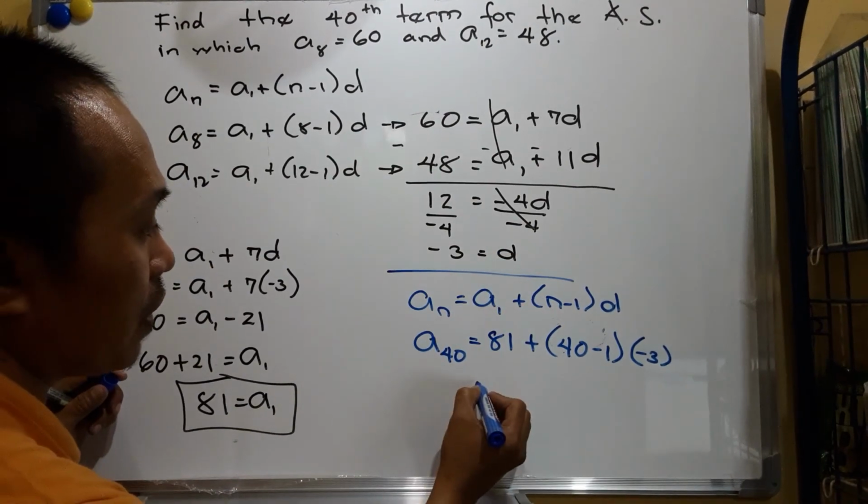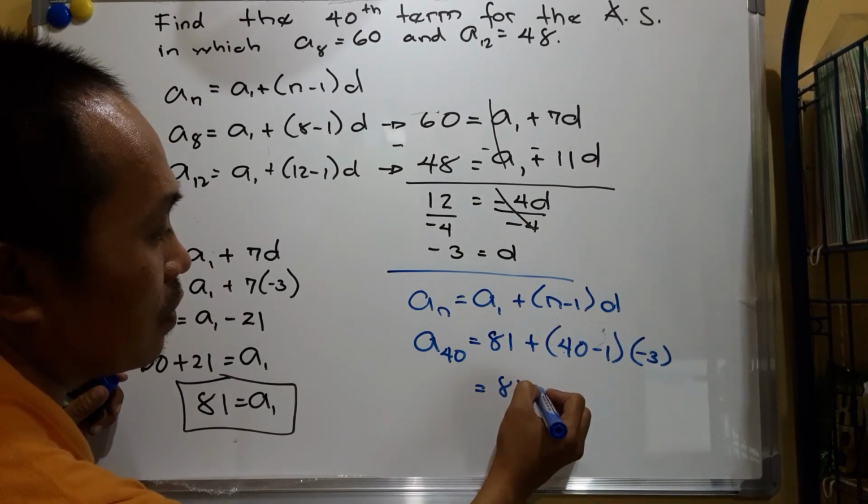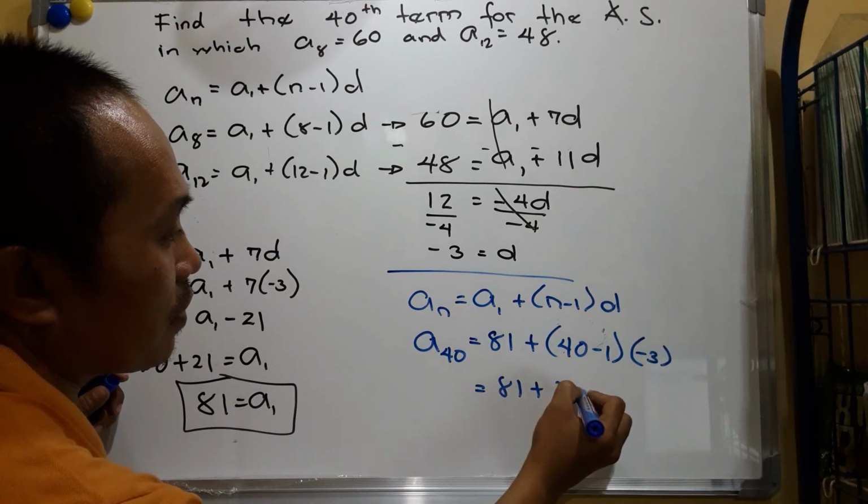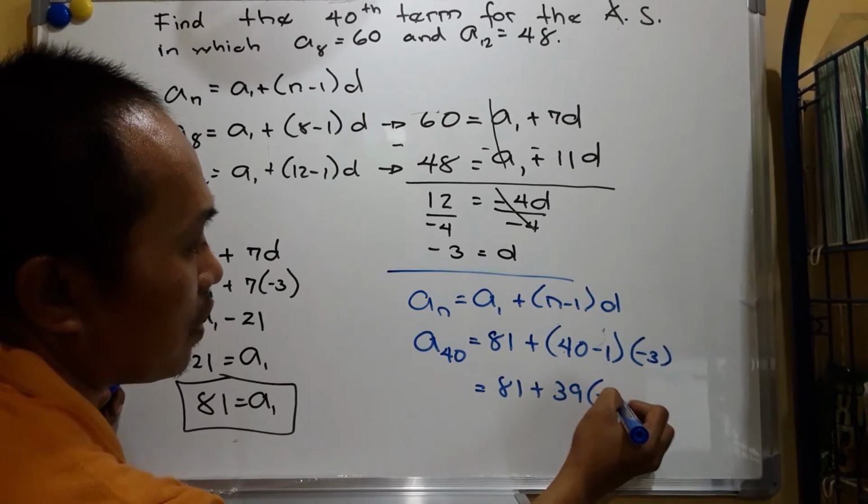So, a sub 40 is 81 plus 39 times negative 3.